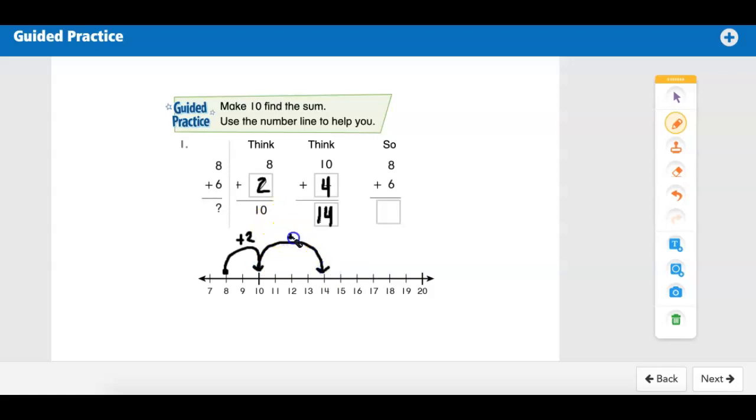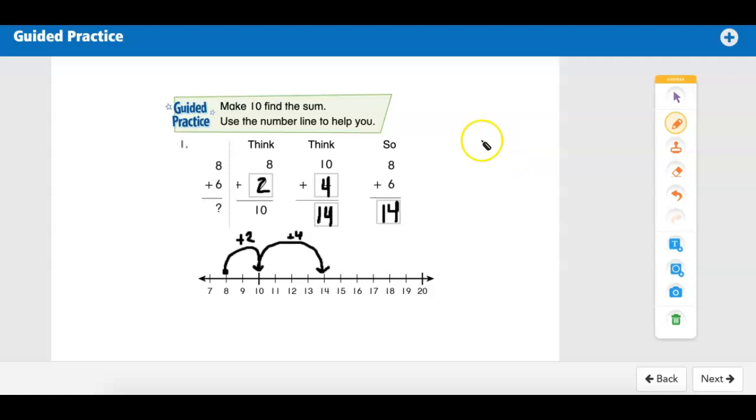And that shows me I land on number 14. So this shows me that 8 plus 6 is equal to 14. So we made 10, found our sum, and used the number line to help.